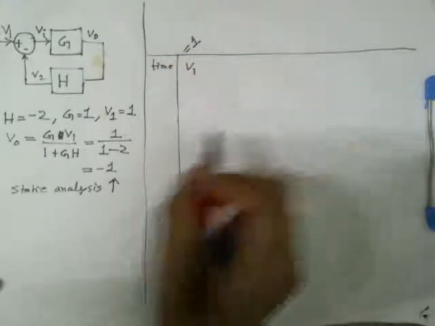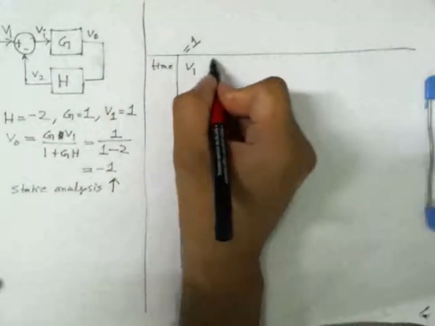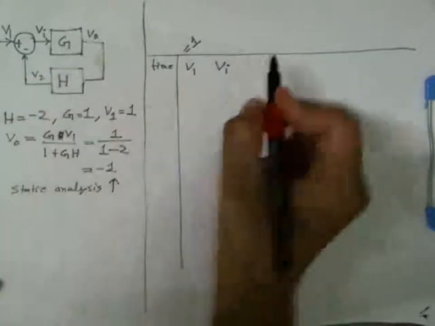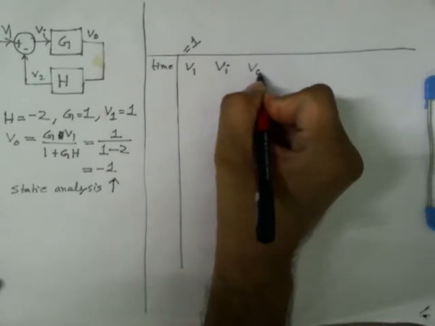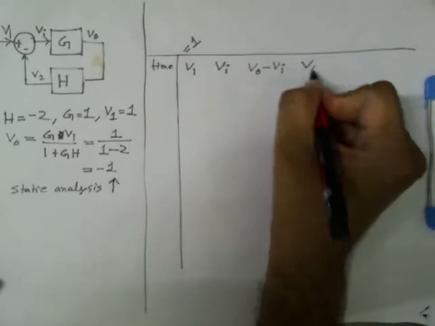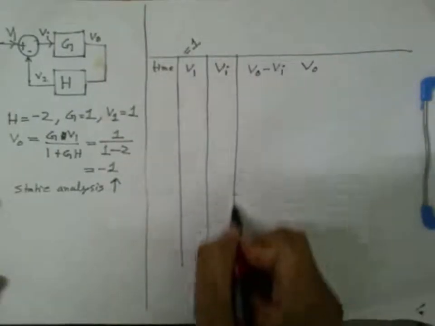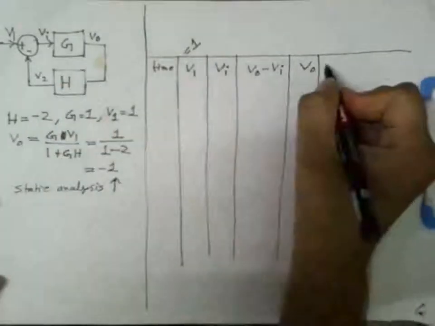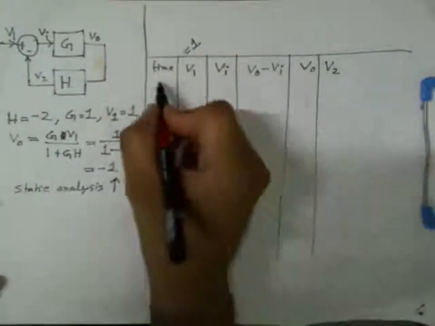After V1 we have Vi, then Vu. For that, let's first take this Vu minus Vi, and then what happens to Vu we'll see. After Vu we have V2, and that's all we need.